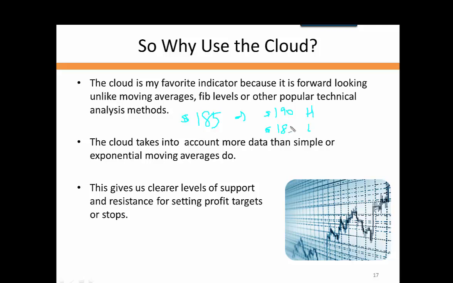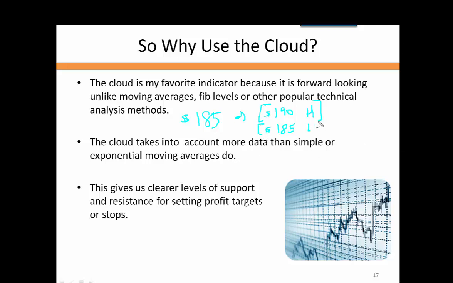So every day for a month, Apple would open, rally to $190, then go back to $185, and close at $185. You ask yourself, would you rather be long or short Apple? You'd rather be long it because you know every single day it gets up to $190. So you could come in, buy Apple, and sell it on the high, if it did that for a month.